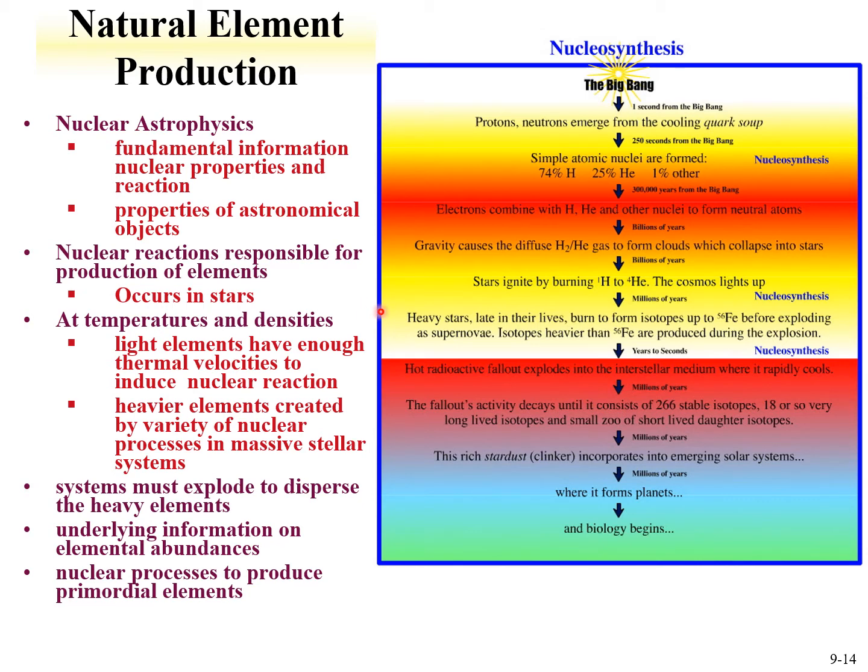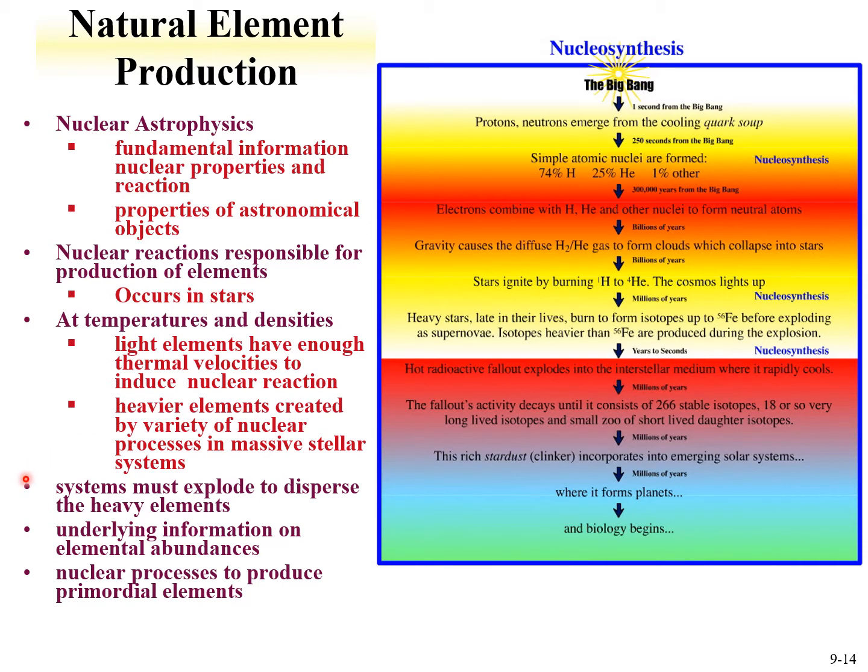So we're going to talk about how we go from the Big Bang to elements, and we're going to see that temperatures and densities need to be sufficient so that these light elements can be formed. Nuclear reactions can occur through fusion. Heavy elements can be created from a few different nuclear processes: neutron capture, rapid neutron capture, so one neutron, many neutrons, even photon capture.